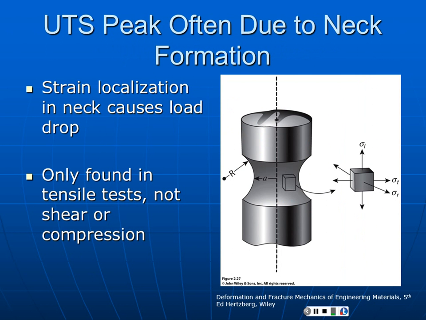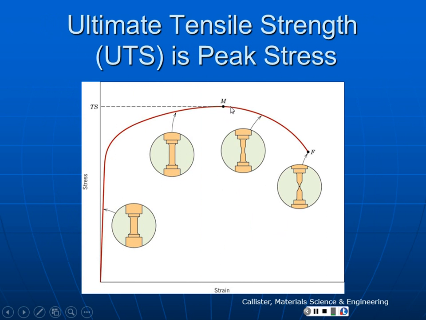Now, this is the process or the mechanism that's going on. When the neck forms, we're going to localize the stress. That is, the actual area that is carrying the load inside the neck is much smaller than the area outside the neck. So you're going to see the apparent drop in the load, and so we see this drop down at the peak.